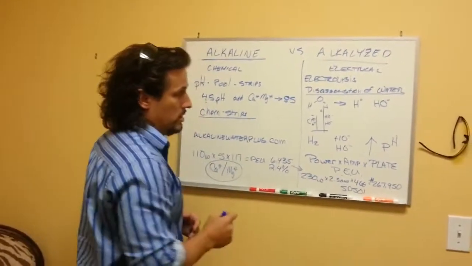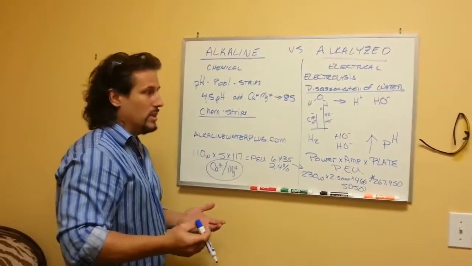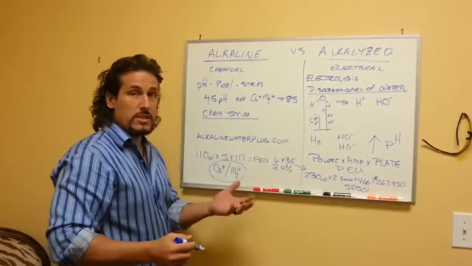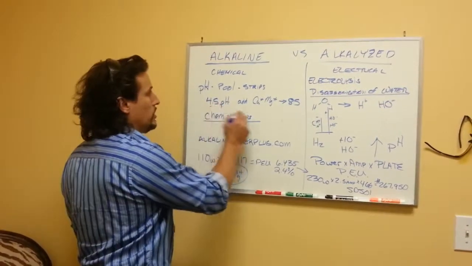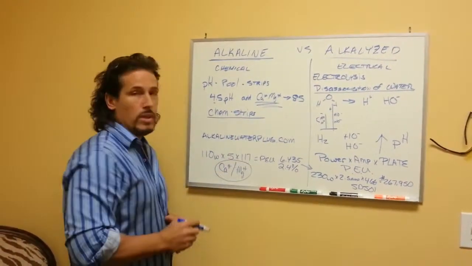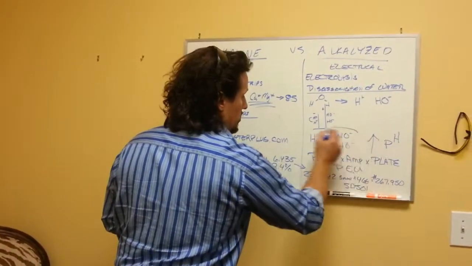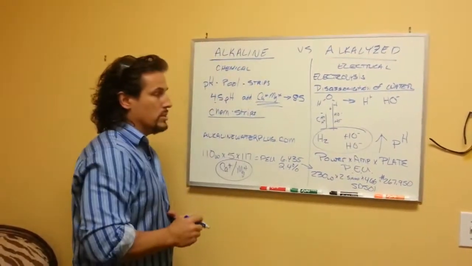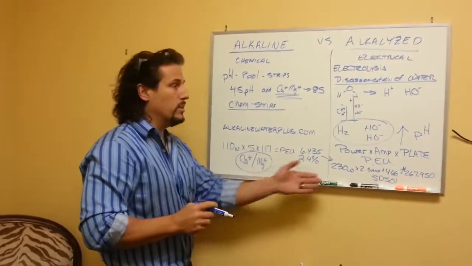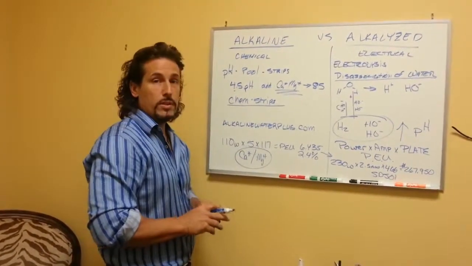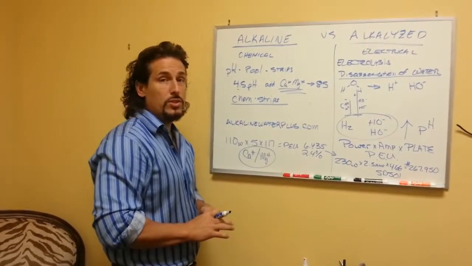Alkalized water, on the other hand, doesn't add any chemicals. It's not going to stress, for instance, the stomach when you drink it. The stomach is going to be looking for this to neutralize it. It is not looking for this right here. So as soon as this water is absorbed into the body, the charge is absorbed, your pH becomes essentially neutral.